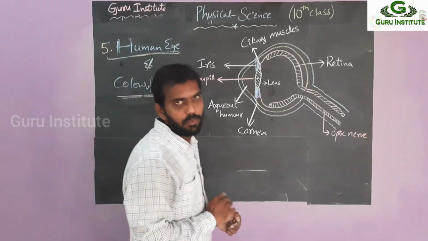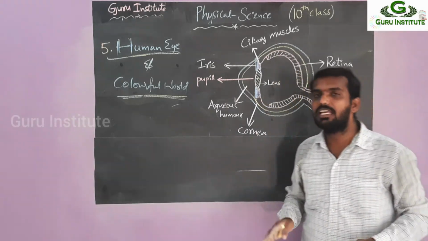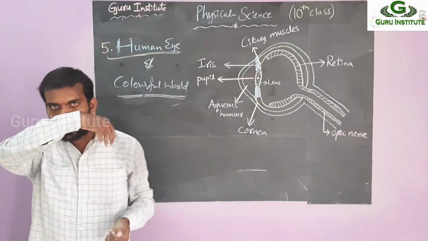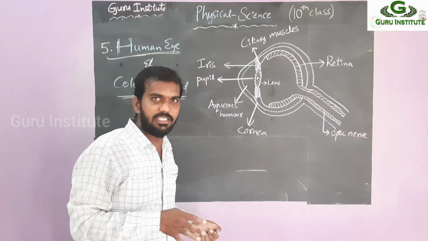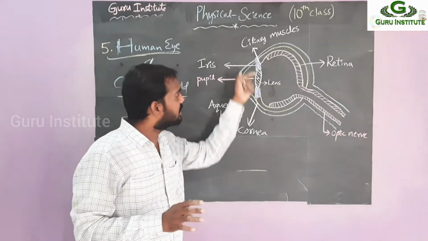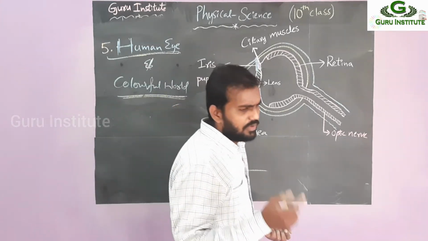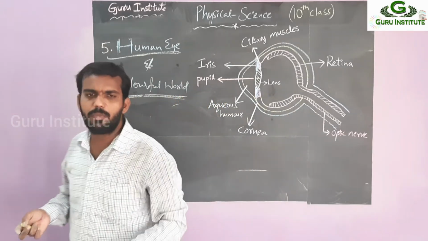But in old people, due to their health condition, the ciliary muscles get weak and are not adjusted properly. So they won't be able to see far images as well as nearer images; they will see blurred images, right? Nowadays, even children, middle-aged people or old-aged people, it does not depend upon age.